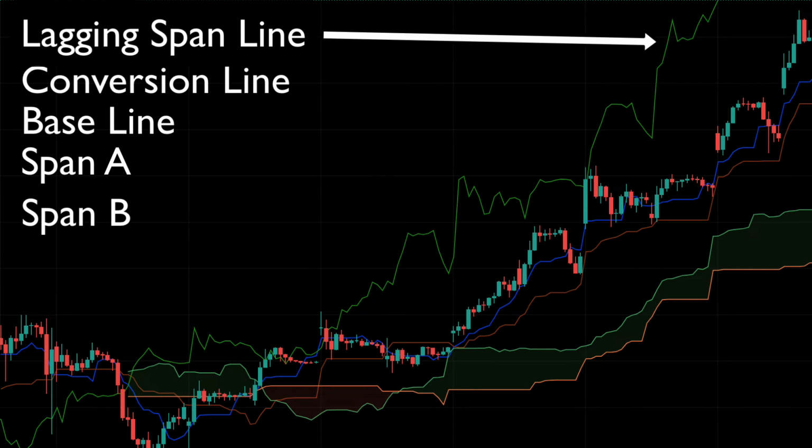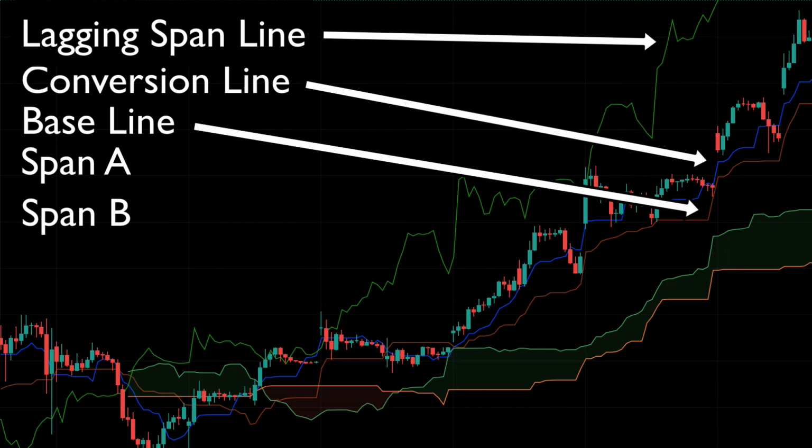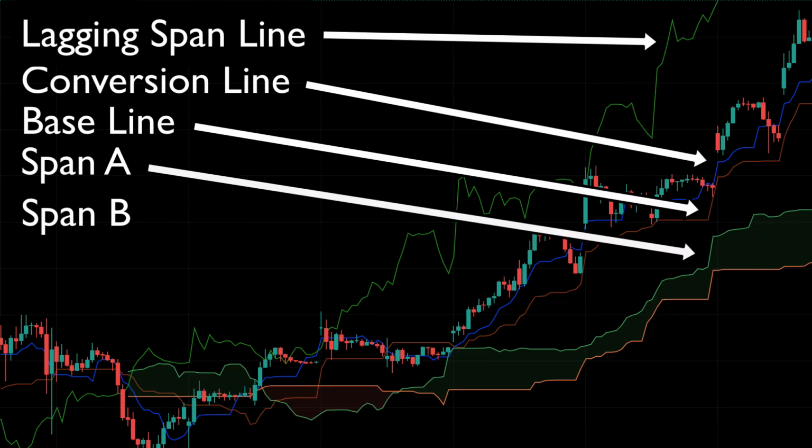Because it is not a moving average, it is simply shifting the price. This should be the top line. Then the conversion line, because it uses the high and the low of the last 9 days. Then the baseline, because it uses the high and low of the 26 days. Then span A, and lastly, span B, being the very bottom line.